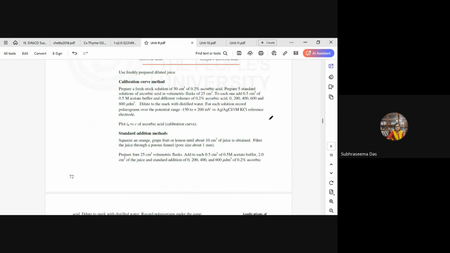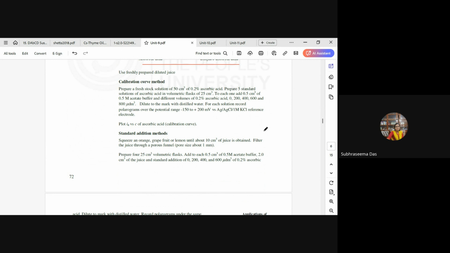Then the calibration curve method. How we will proceed in this method is, we will prepare a fresh stock solution of 50 ml of 0.2% vitamin C, that is ascorbic acid. We will prepare standard solutions of ascorbic acid in volumetric flasks of 25 ml. To each one we will add 0.5 ml of 0.5 molar acetate buffer and different volumes of 0.2% ascorbic acid: 0, 200 microliters, 400 microliters, 600 microliters, and 800 microliters.